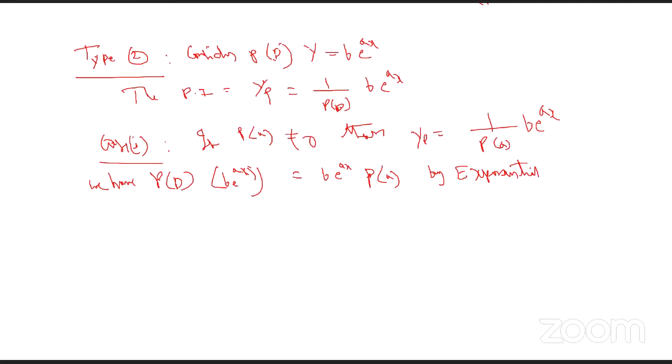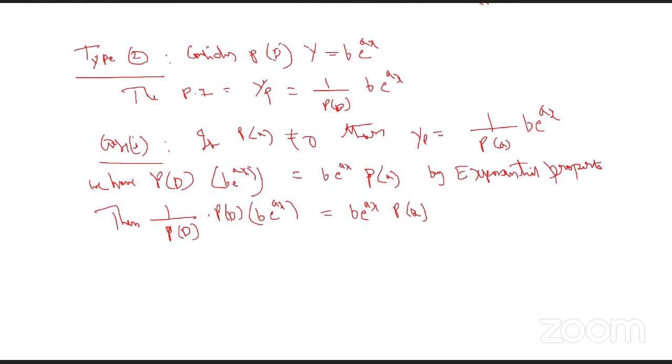Then 1 by P(D) into P(D) of B e^(ax) equals B e^(ax), which equals B e^(ax) P(a).